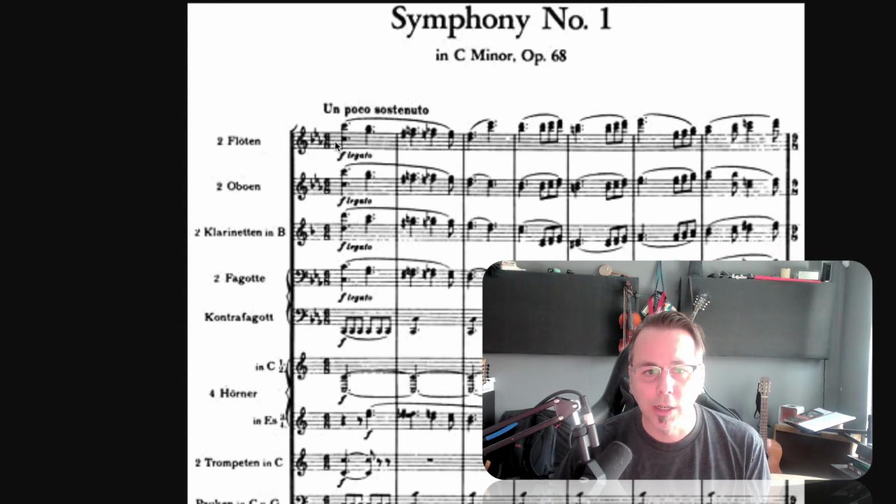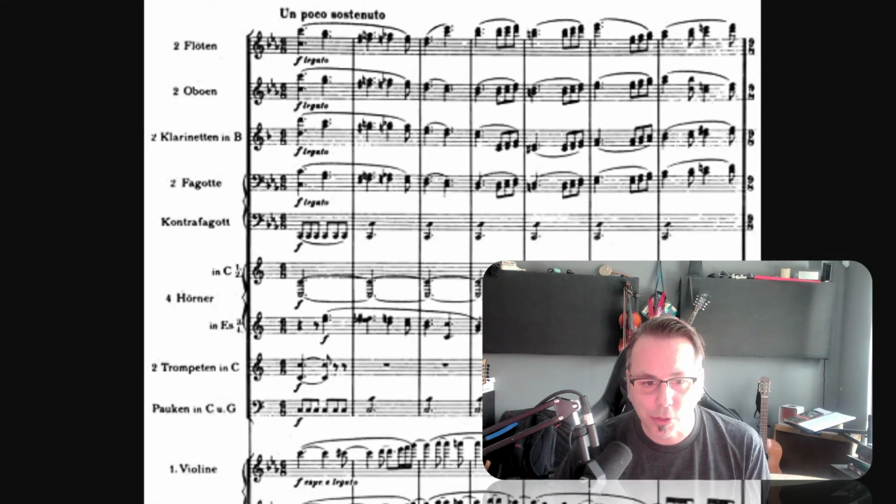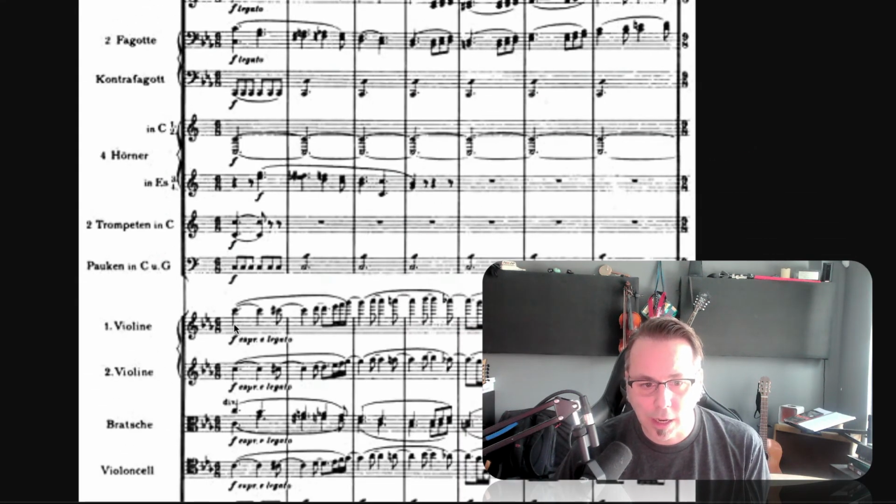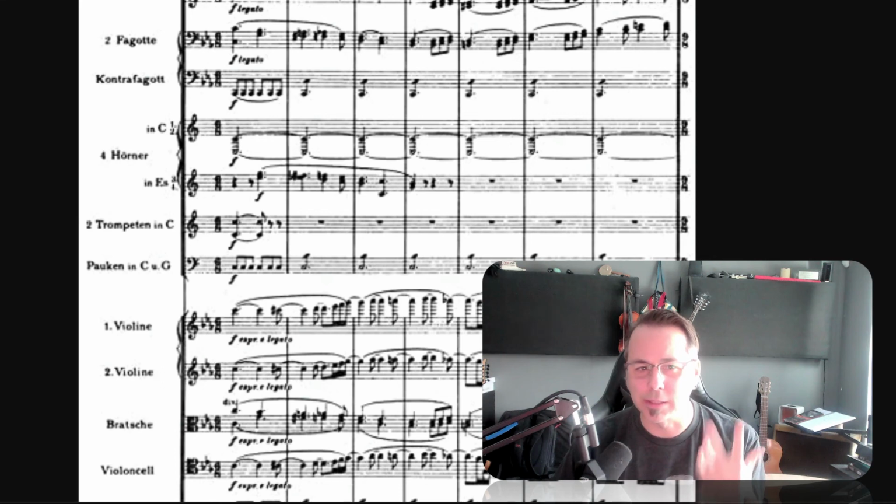We have here the flutes and oboes in this nice harmony moving around in rhythmic unison, and the strings, the two violins in octaves. What kind of sound does that create? And when combined with those flutes up in the same range, what kind of sound does that create?